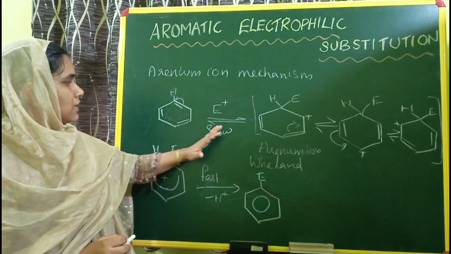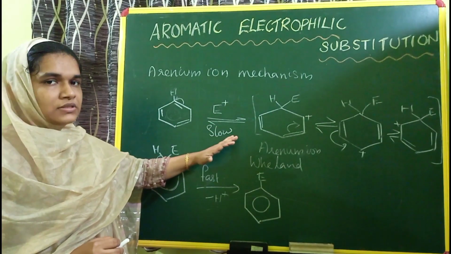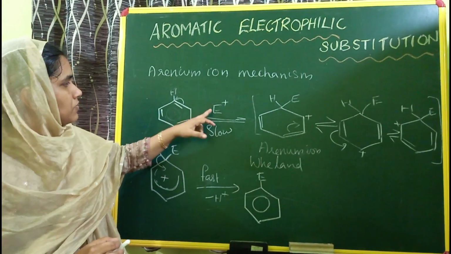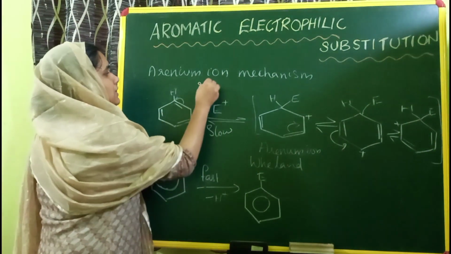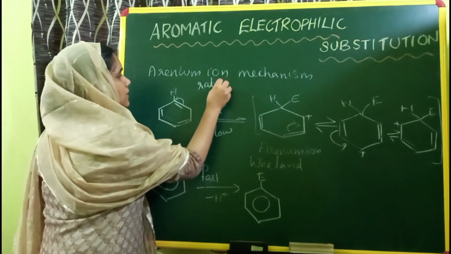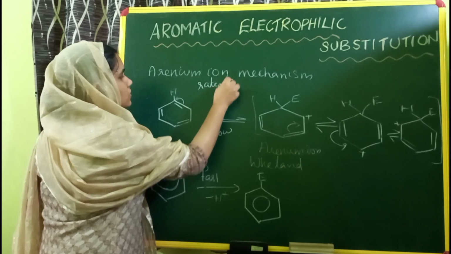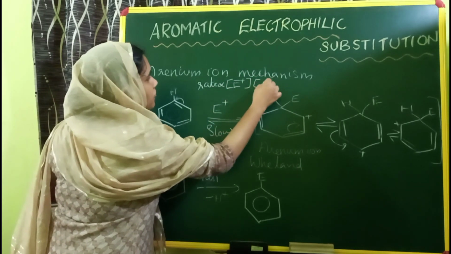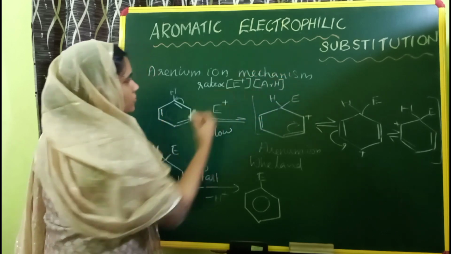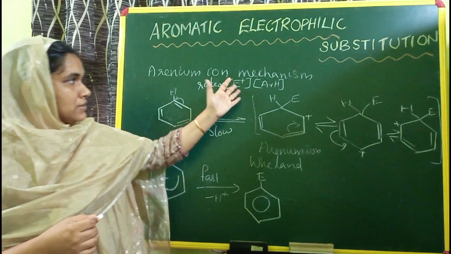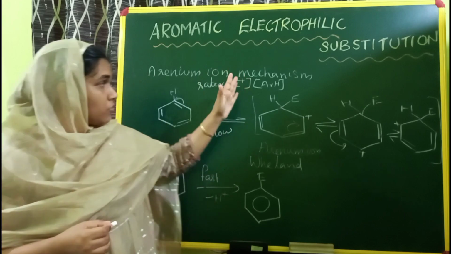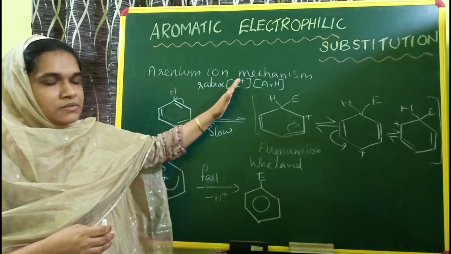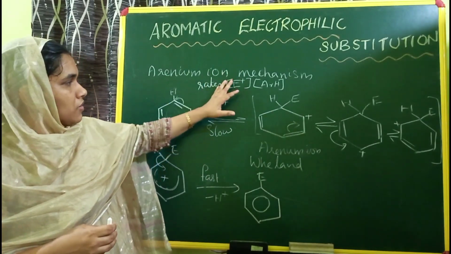Since this is the rate determining step or slowest step, we can say rate is proportional to the concentration of electrophile times the concentration of aromatic compound. So it is a bimolecular order, or molecularity may be 1, 2.